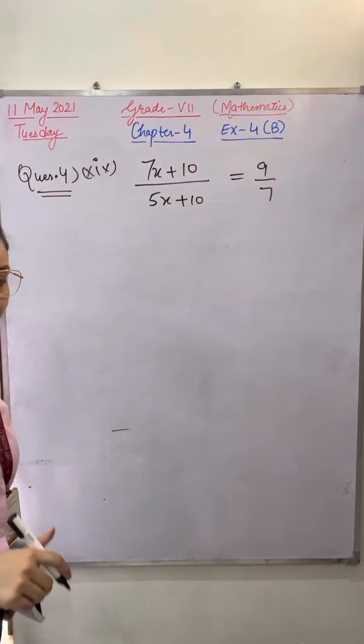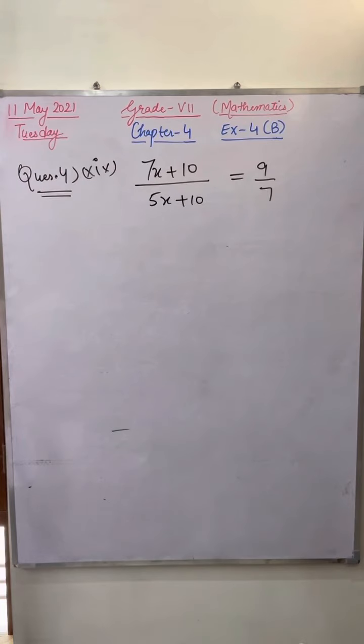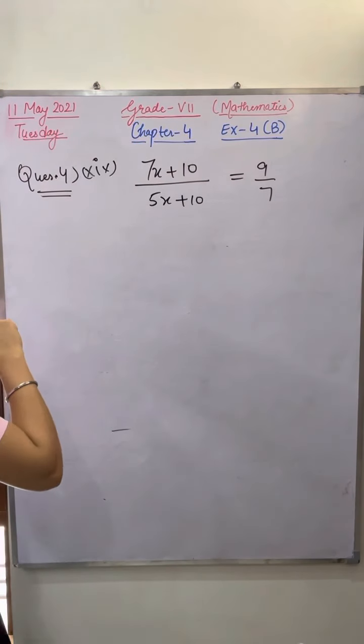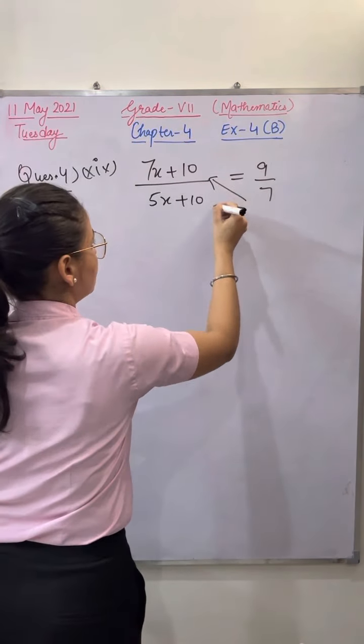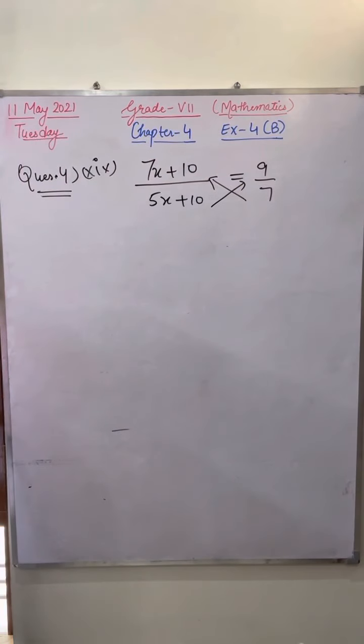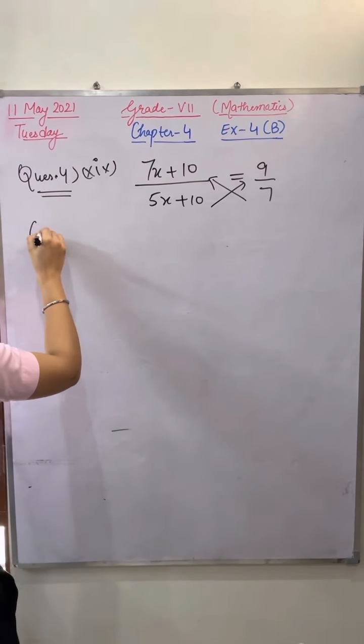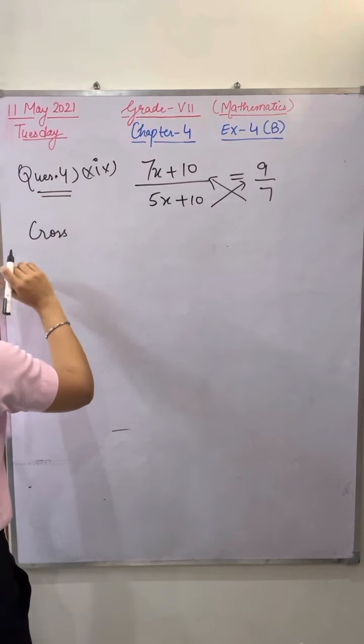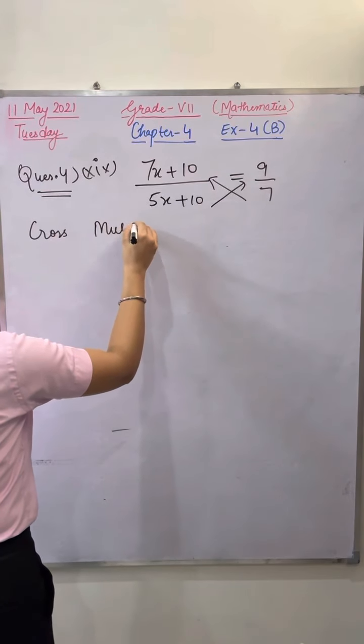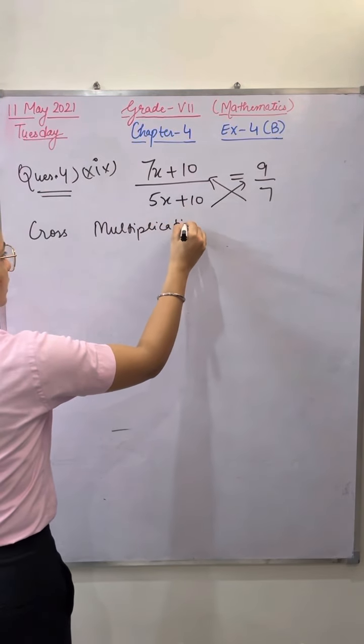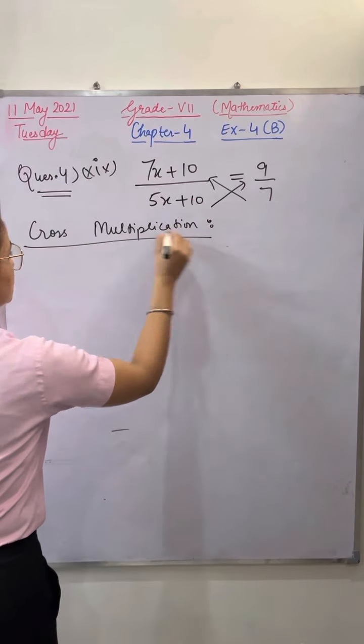Multiplying, no. You can go with the cross multiplication. In the beginning, you can go with the cross multiplication.